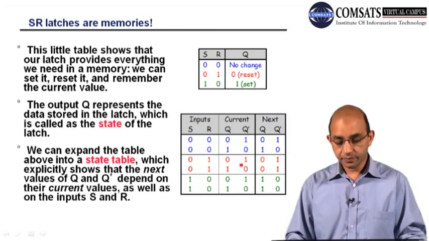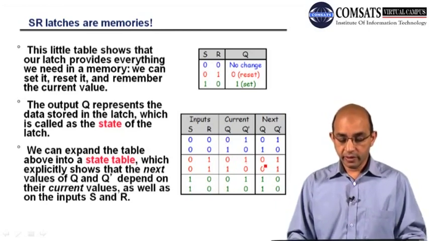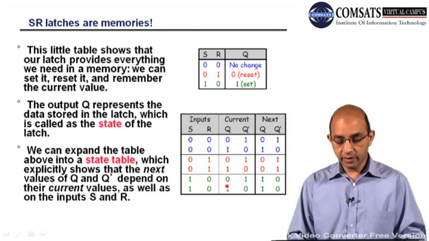On 0, 1, you can see we can have again two cases. Q can be 0 and Q bar is 1 here. So here you can see that we have to reset the latch. In both cases we will be getting Q 0. In case of setting the latch, we should have S 1 and R 0.